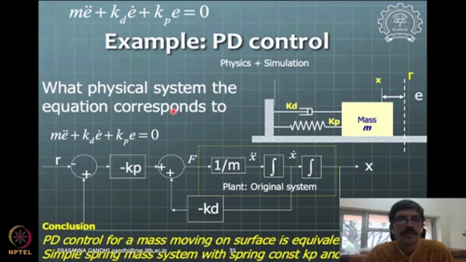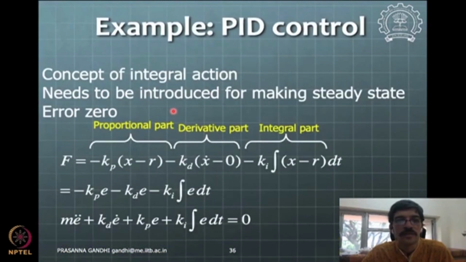This is the same kind of discussion, a little bit in the domain of this example. Now we introduce the integral part whenever the steady state error does not go to 0.